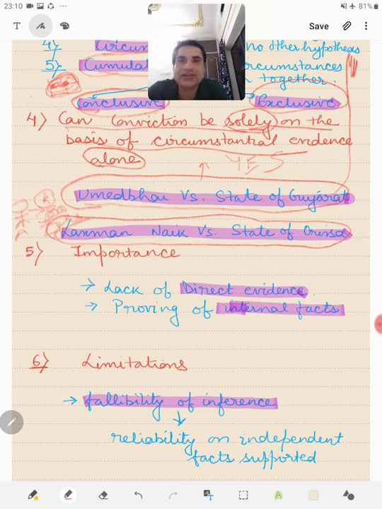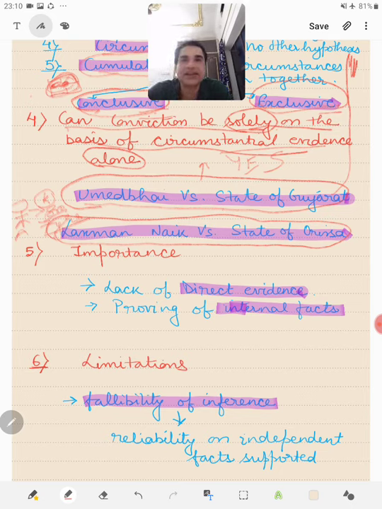And in that case, the only evidence was circumstantial evidence. But it was conclusive and exclusive in nature. And therefore, the court convicted the accused solely on the basis of circumstantial evidence. So, conviction can be solely on the basis of circumstantial evidence alone, provided it is conclusive and exclusive in nature.